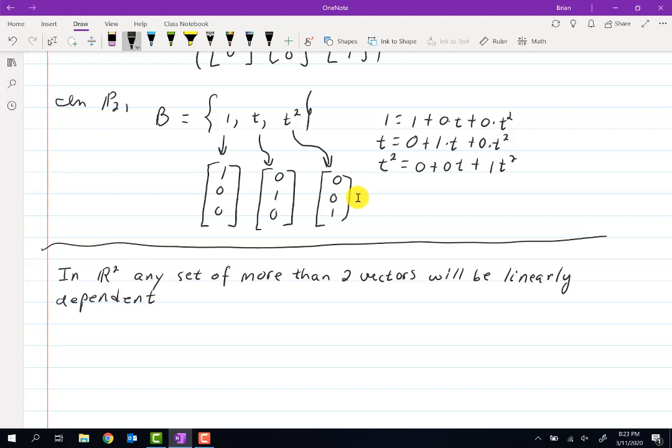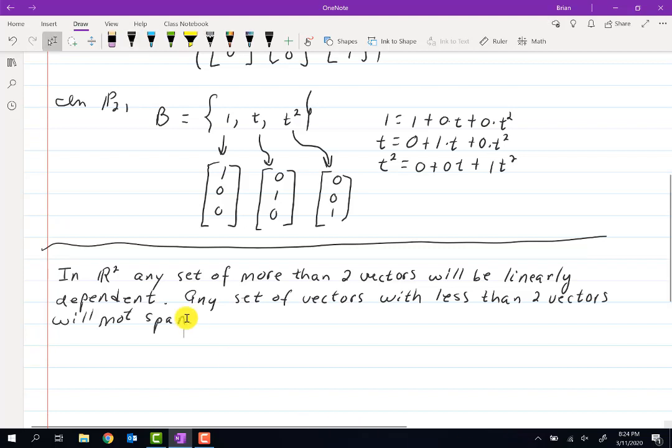I'm not talking about the zero vector here, so let's keep that in mind. I should say any set of non-zero vectors will be linearly dependent. Any set of vectors with less than 2 vectors will not span.